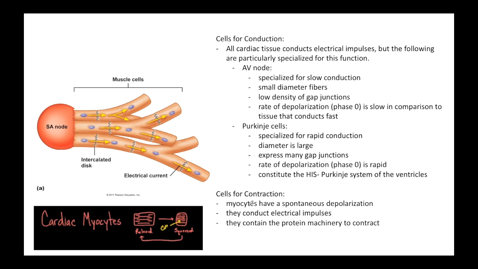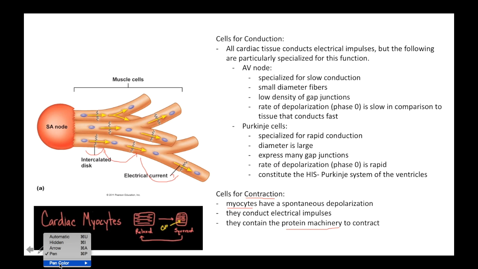And lastly, when we talk about contraction, we're talking about our myocytes having spontaneous depolarization, and they're conducting electrical impulses between each of them, as you see here, there's electrical current going on. And these guys contain the protein machinery in order to contract.